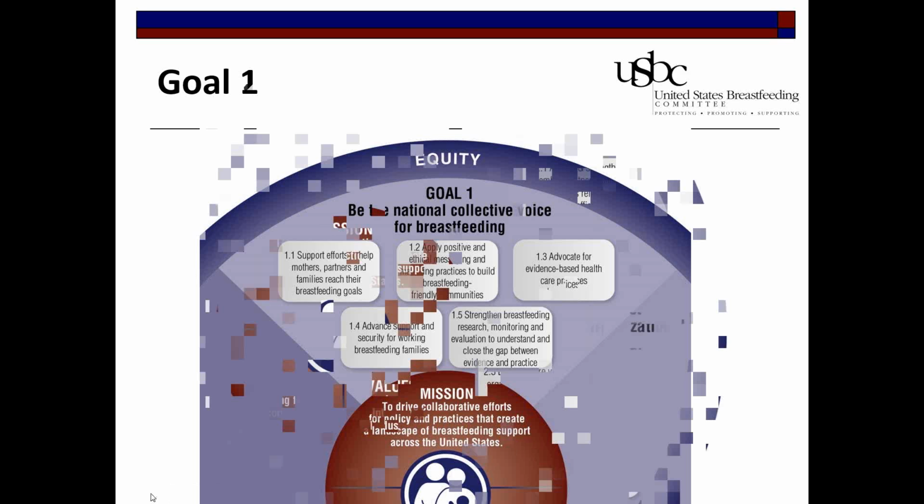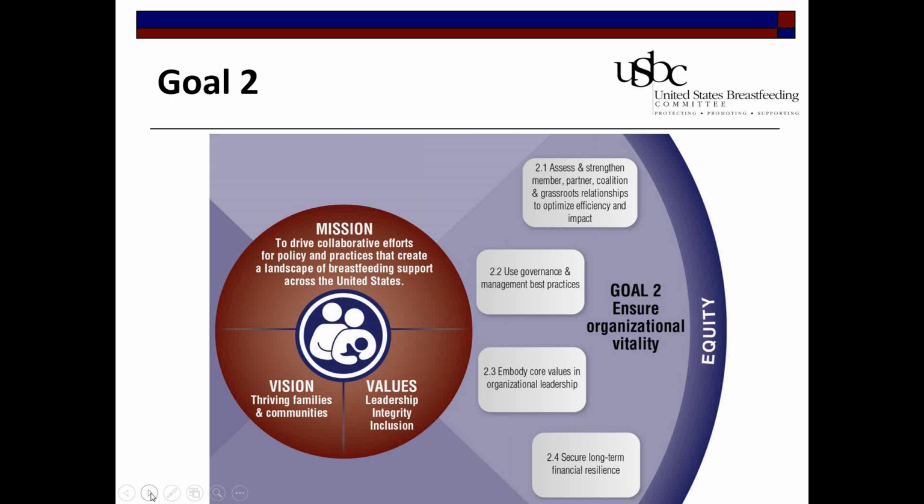Of course, we want to embody core values in organizational leadership and secure long-term financial resilience. So part of this goal is so that if we can ensure long-term financial resilience, then we can strengthen other organizations and act as a backbone organization for the nation.